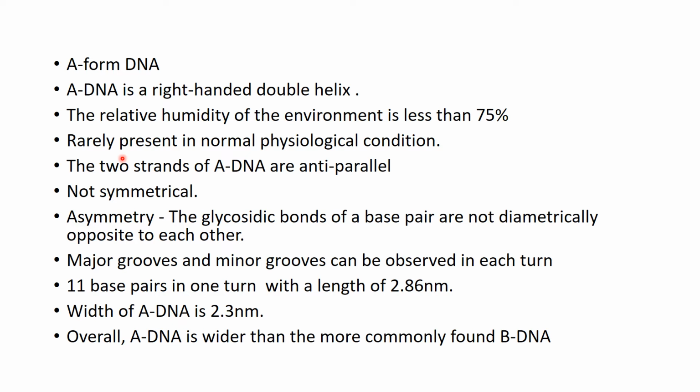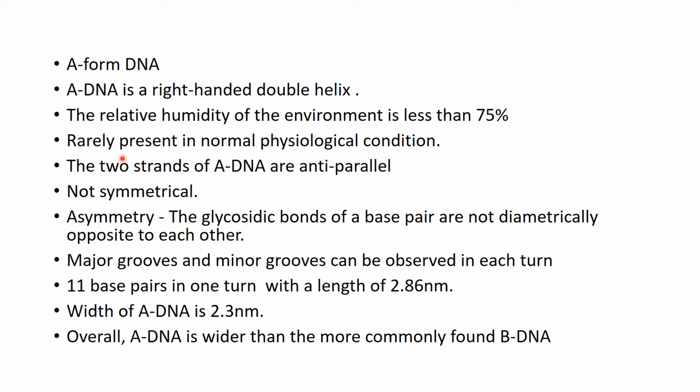The A form of DNA has some common characteristics: it also has anti-parallel strands, it is not symmetrical, the glycosidic bonds of the bases are not diametrically opposite to one another, and the basic skeleton is made up of sugar and phosphates. All these characteristics are similar for all three DNAs.